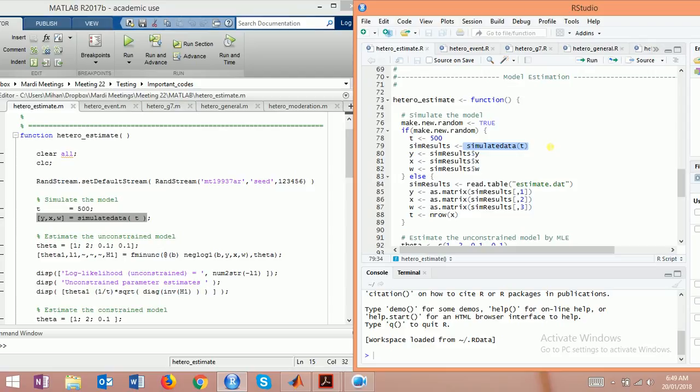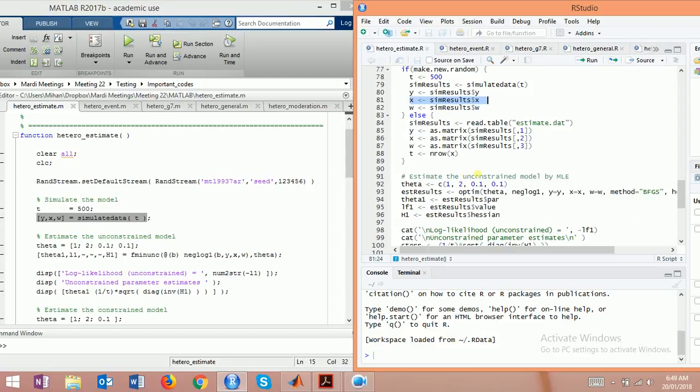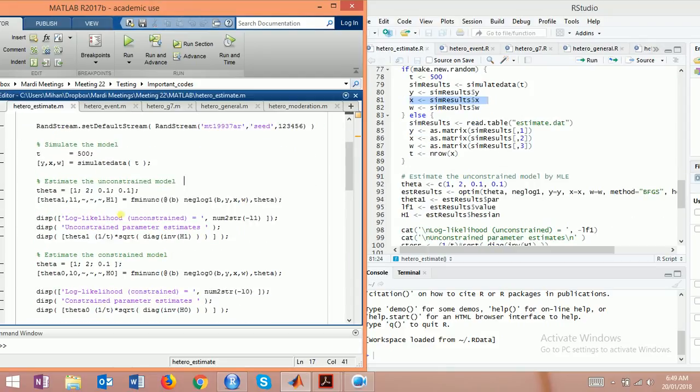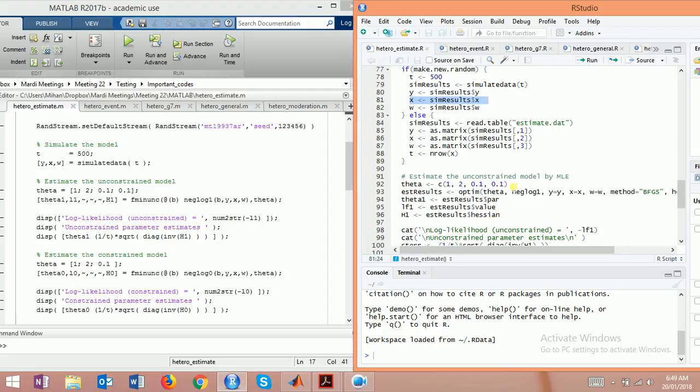Now y is in the y column, x is in the x column, and omega is in the omega column. That's all. Then the unconstrained model: theta initial values are given to us as 1, 2, 0.1, 0.1, and by c we mean that we are combining these values into a vector.